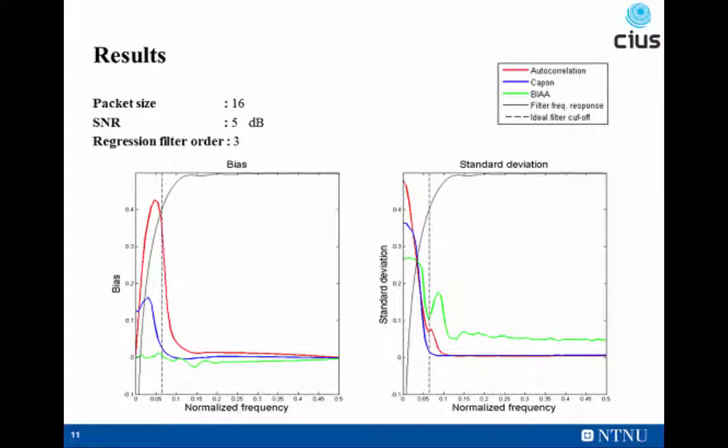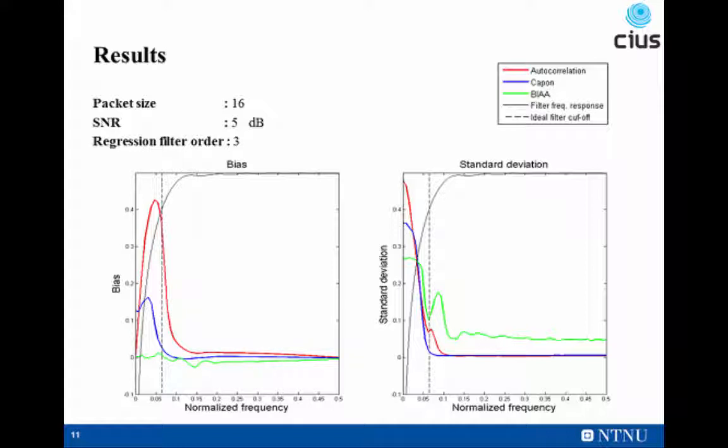When we increase the packet size to 16 and the filter order to 3, we see that the region where there is a difference between the adaptive spectral estimation methods and the autocorrelation method is decreasing, but still there is a difference in bias for low velocities.